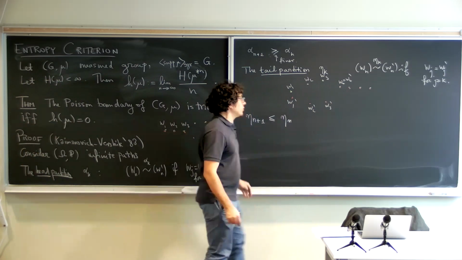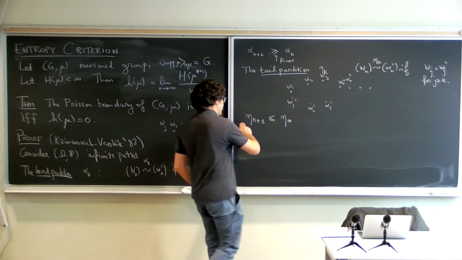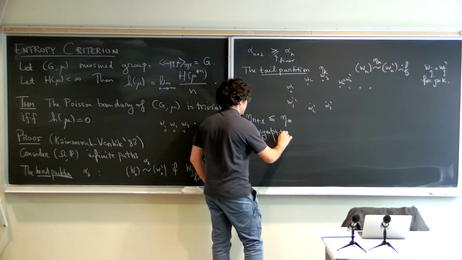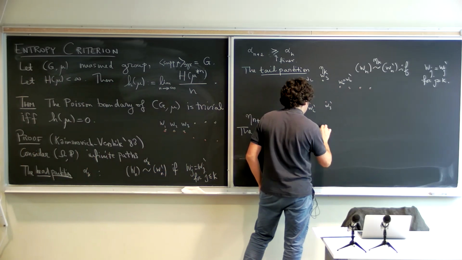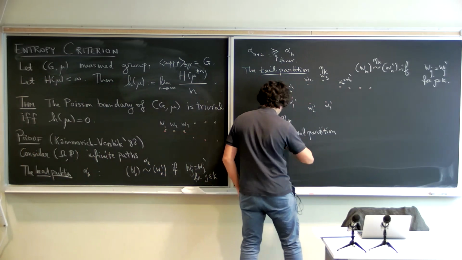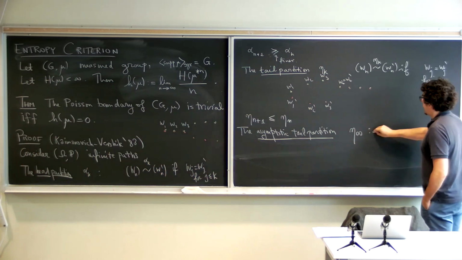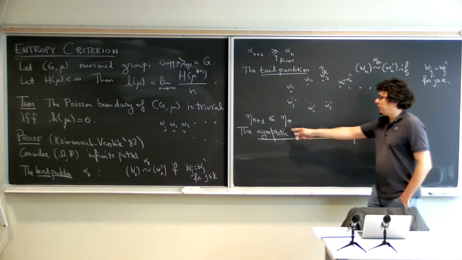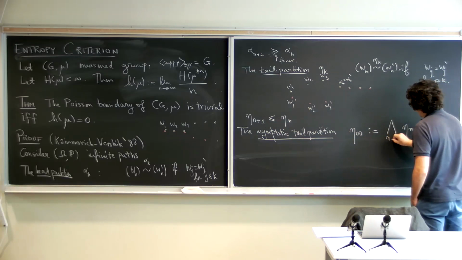And now the tricky thing is to define the coarsest of those, which is called the asymptotic tail partition. We'll call it eta_infinity. This is the infimum, in the language of partitions, of the partitions eta_n over all n.